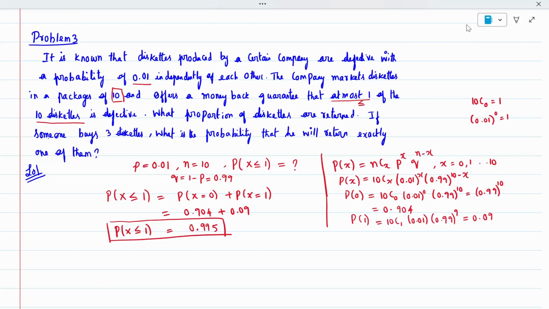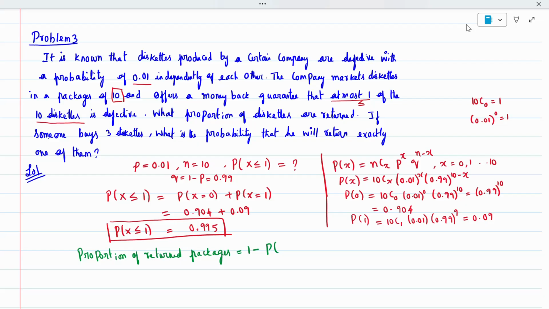The proportion of returned packages is 1 minus the probability of not returned, because 0.995 is not returned.